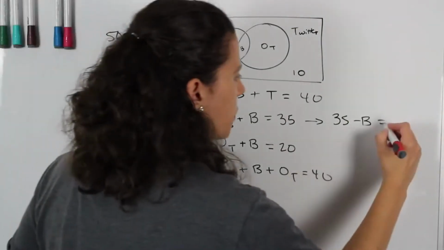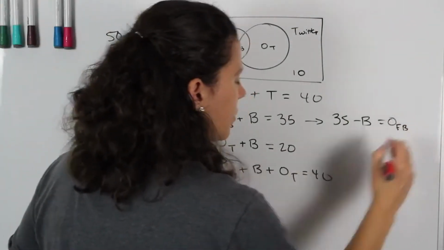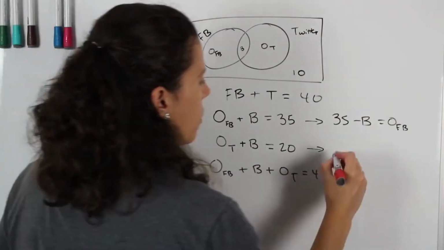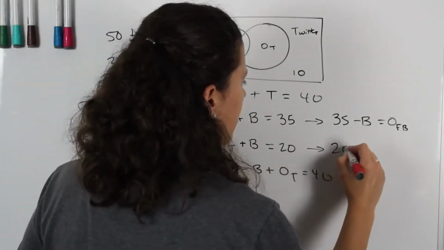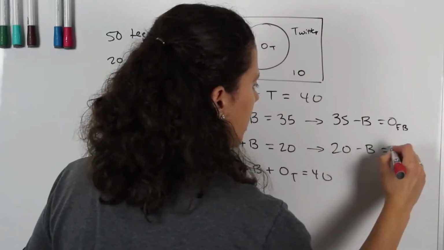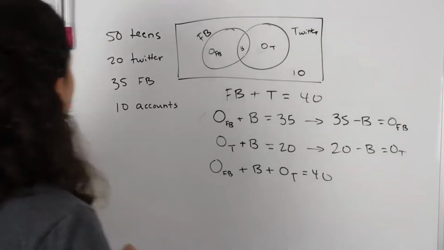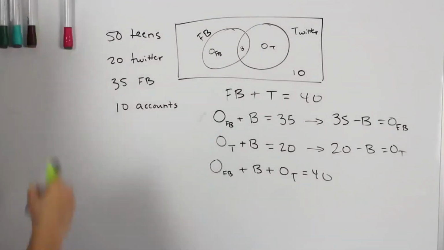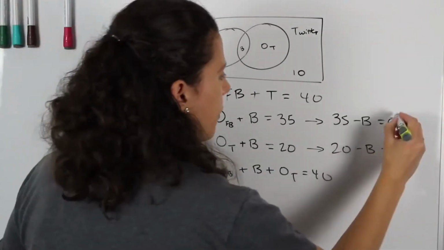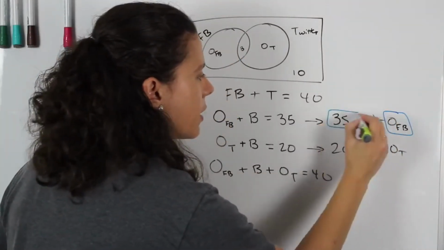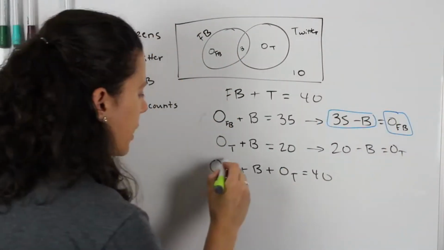Which is only Facebook, right? And then only Twitter, if we subtract B on both sides, is 20 minus B. That's gonna be the only Twitter, right? So I can say only Facebook is gonna be 35 minus B. So I can rewrite that here.